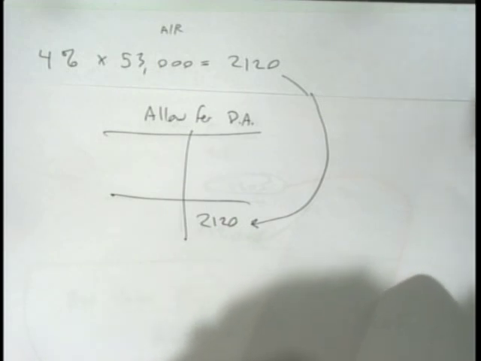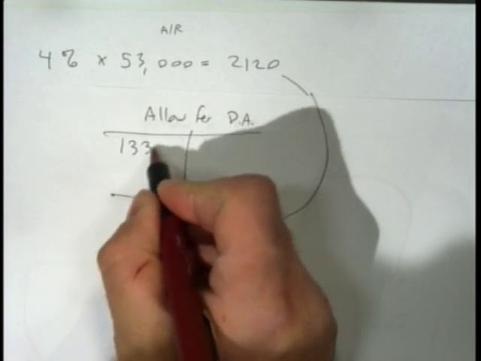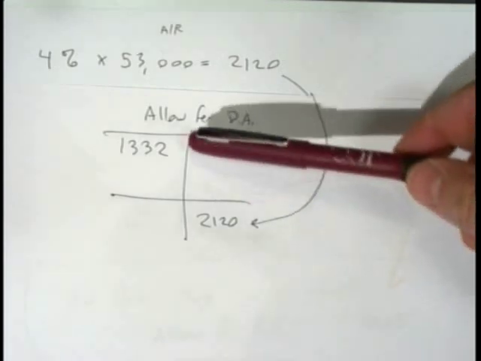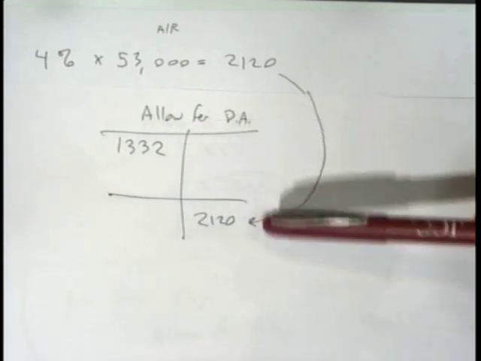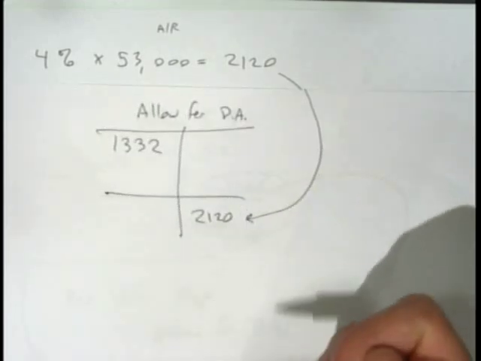But it has a beginning balance of what? 1332 to the debit? And we talked about how an allowance for doubtful accounts could have a debit balance. Because when we write off specific accounts, we are debiting allowance for doubtful accounts. So what do we have to do to this thing to bring the existing debit balance of 1332 to a desired ending balance of 2120? Is it 3452? Yep.